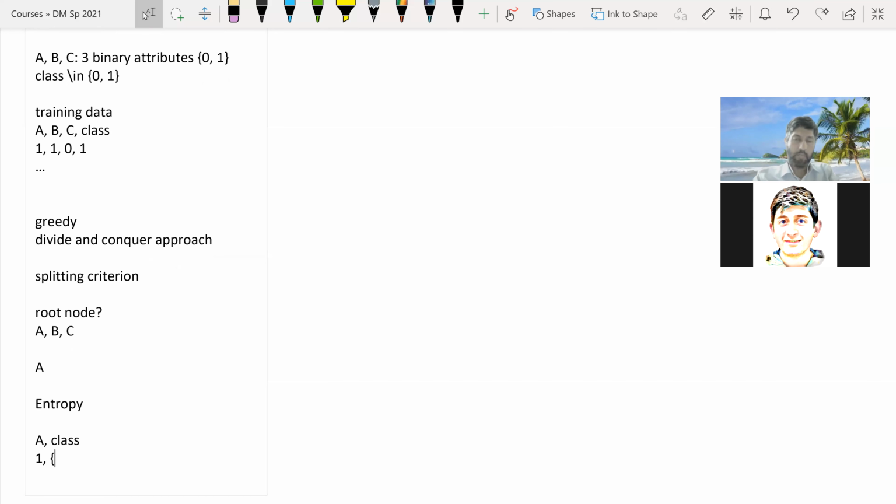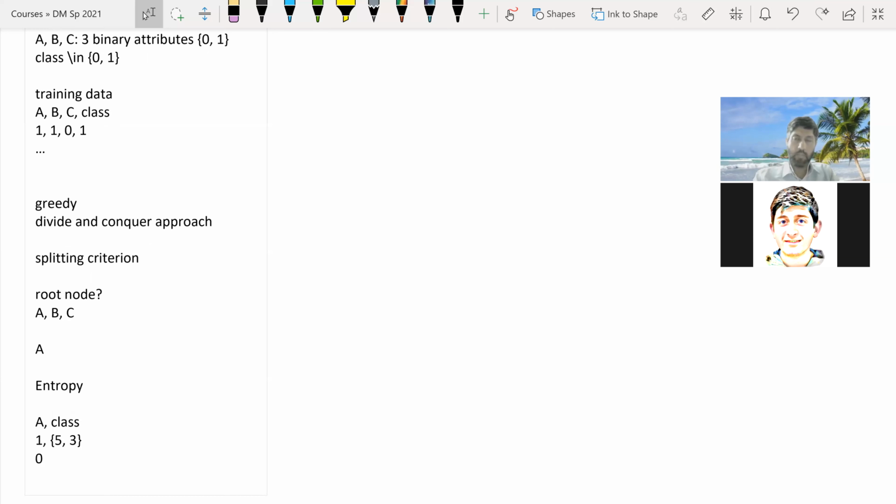Let's say 5 have class label 0, and 3 have class label 1. So in other words, in our data set, there are 8 objects that have A equal to 1, and out of those, 5 have class 0 and 3 have class 1. And similarly, when A is 0, the set that comes out, let's say, is 4 and 1.